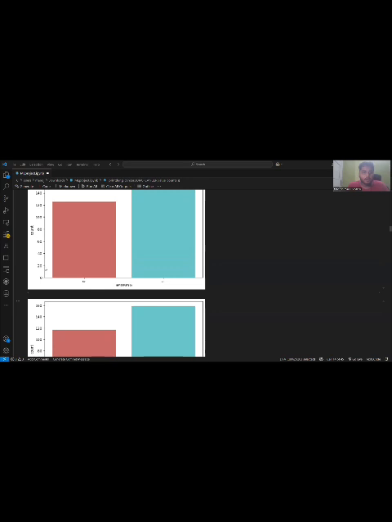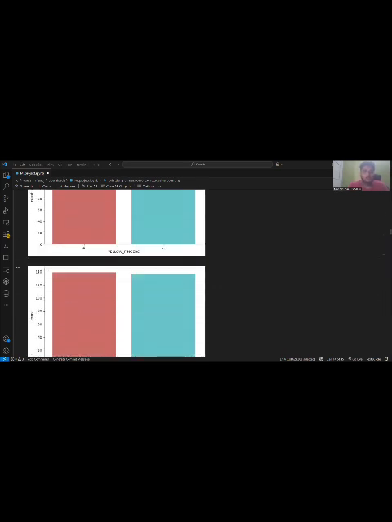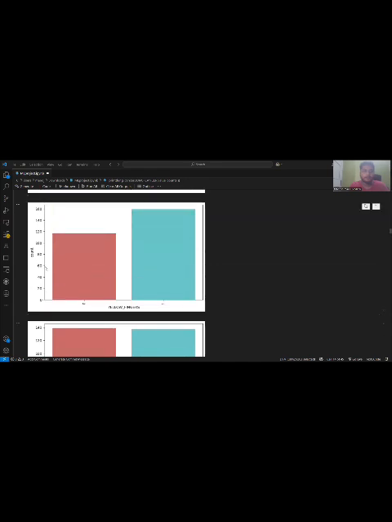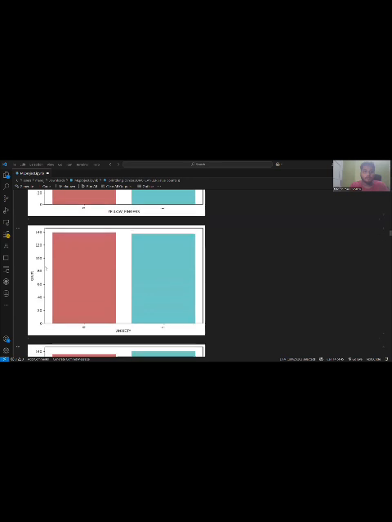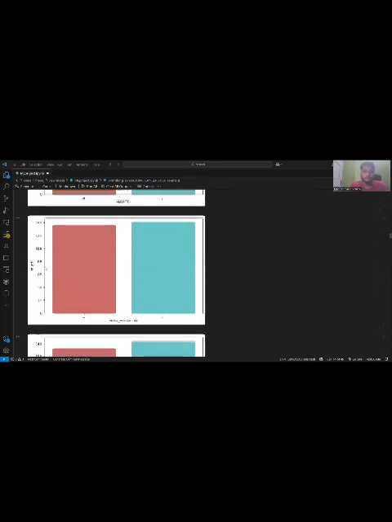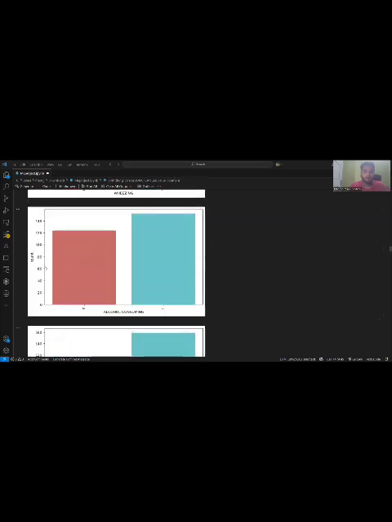Then yellow fingers, you can see in the graph. It shows the male and female difference between anxiety and zeros.